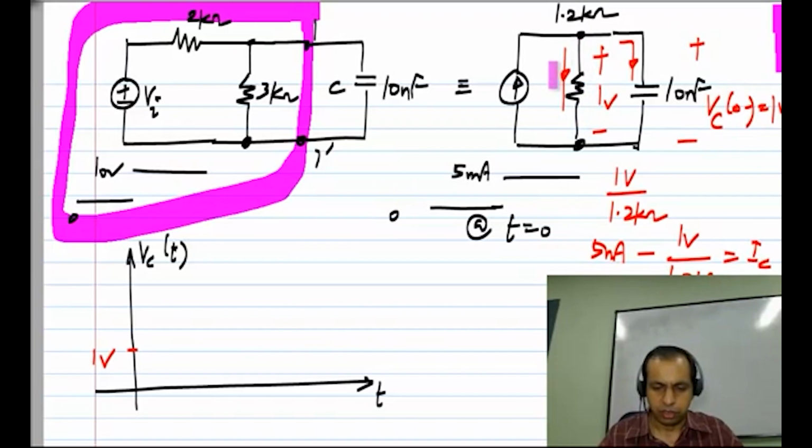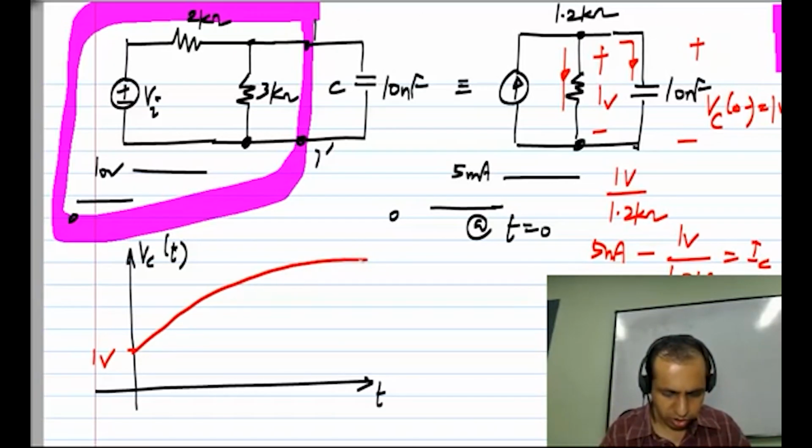Eventually very little current flows into the capacitor, most of it flows into the resistor. So the rate of change of capacitor voltage becomes slower and slower, and at t equals infinity, all of this current, 5 milliamps, will be flowing through the resistor, producing 6 volts across it, and no current will be flowing through the capacitor, which means that its voltage will be stable at 6 volts. So it starts from 1 volt and reaches 6 volts.